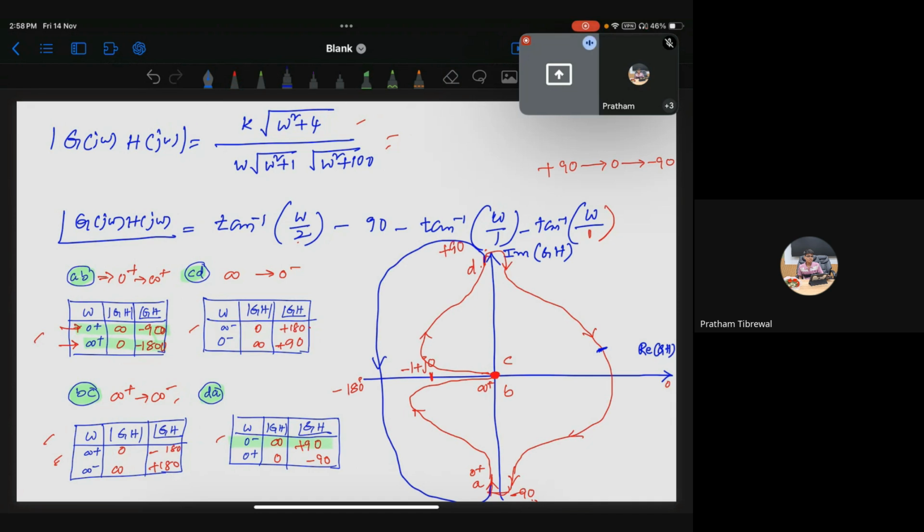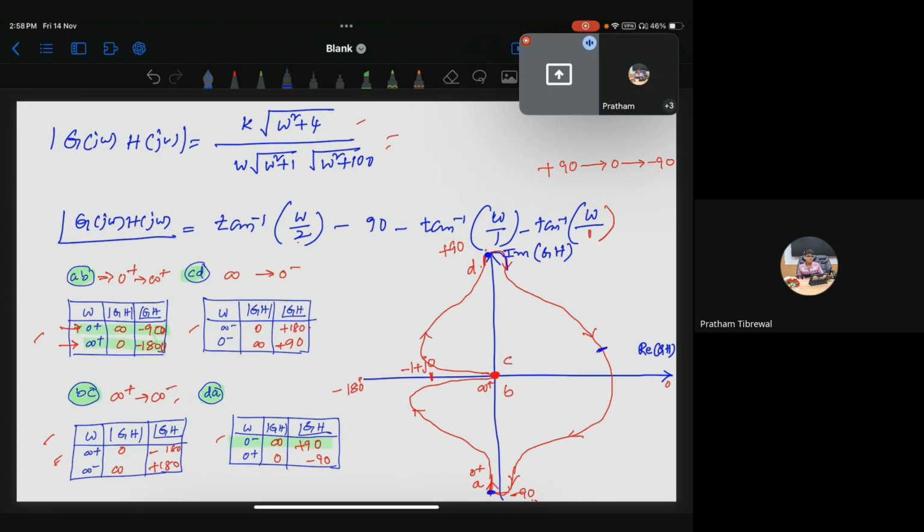Because you are coming from -90 to +90 only. So if you draw it like this, what will happen? We are always trying to go in the clockwise direction, not anti-clockwise direction. No, no, based upon the angles. Here you can see this part is D, this part is A.